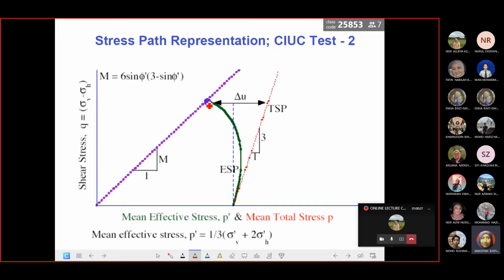So the gradient of this failure envelope or stress path failure line can also be presented by one coefficient here, M. M represents the slope of the KF line.